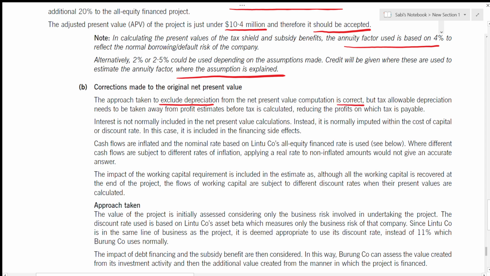Why is that? You just cannot say it is correct or it is wrong and full stop. You have to explain why it is correct, why it is wrong. Depreciation you don't have to explain, because they have already explained in the case study that depreciation is a non-cash item, so it is not needed in the net present value.